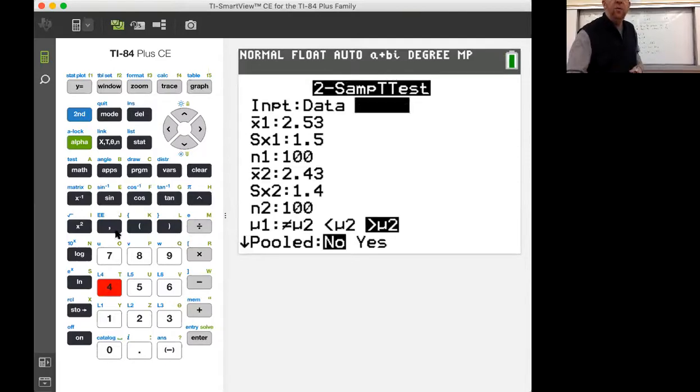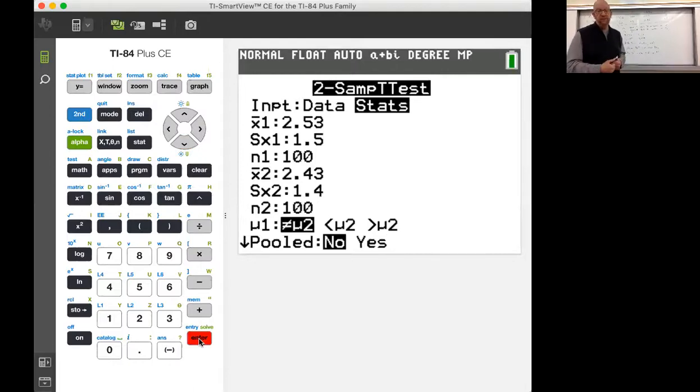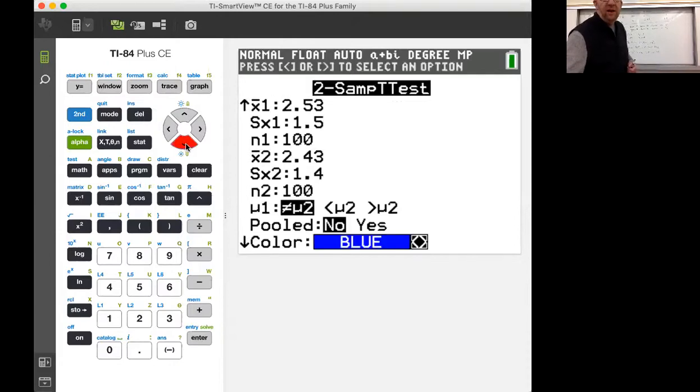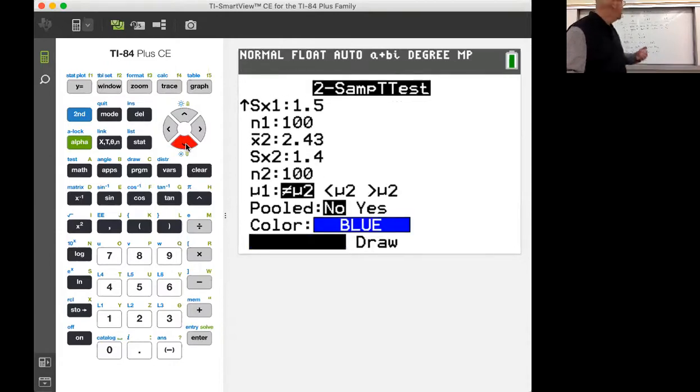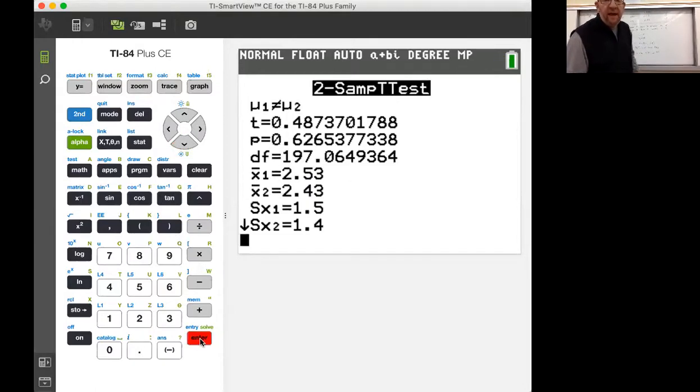This time again, we're coming from stats, and sure enough, you can see those stats are already inputted. The only difference here is that the alternative hypothesis will be not equal. We're not pooled, and we have the option to calculate or draw. We're going to do both eventually, but let's calculate first.